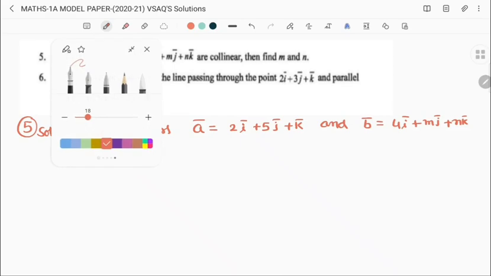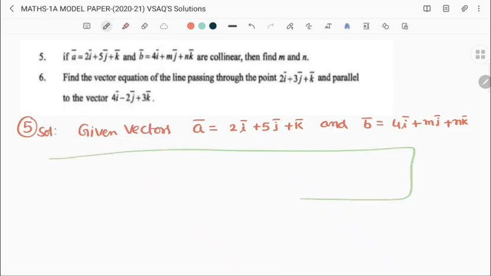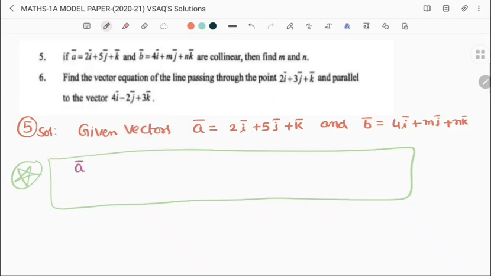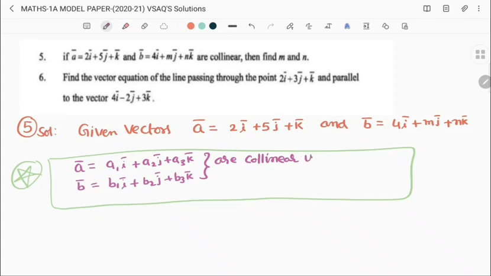We have one formula. A bar equal to a1 i plus a2 j plus a3 k, B bar equal to b1 i plus b2 j plus b3 k are collinear vectors, then a1 by b1 equal to a2 by b2 equal to a3 by b3.